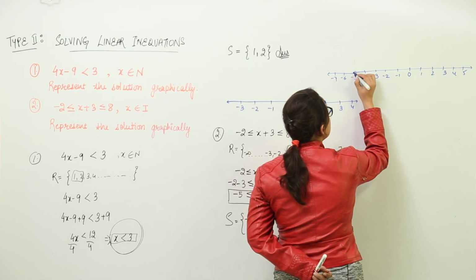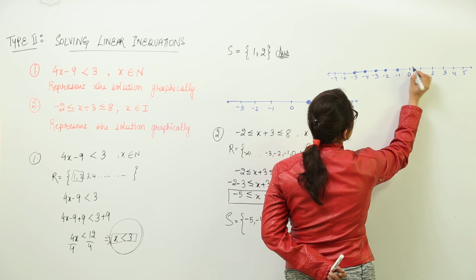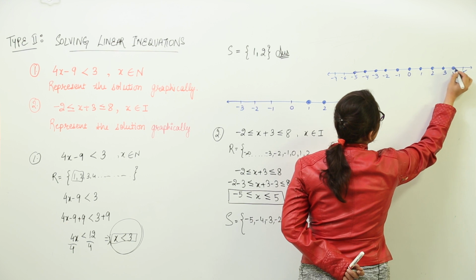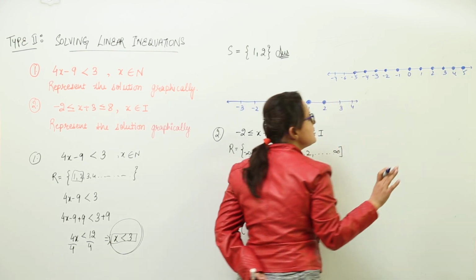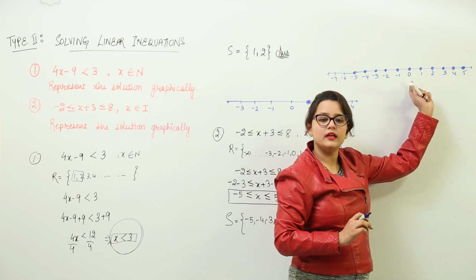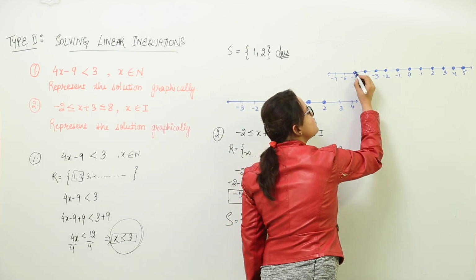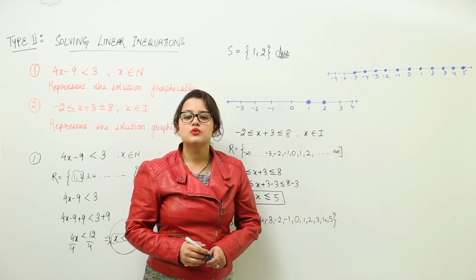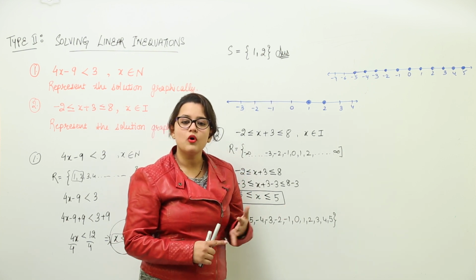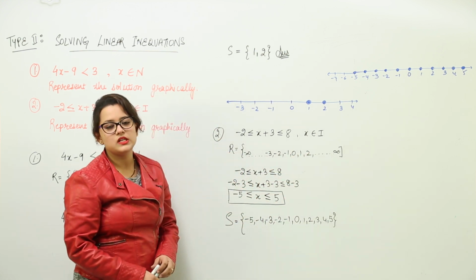So we start representing minus 5, minus 4, minus 3, minus 2, minus 1, 0, 1, 2, 3, 4 and 5. It is not necessary to fix the values on the line; you can write any number of values, but the circled part has to be only those values that are part of your solution. So this is the way you can solve linear inequations, represent them on the graph, and write the replacement set and solution set for each.